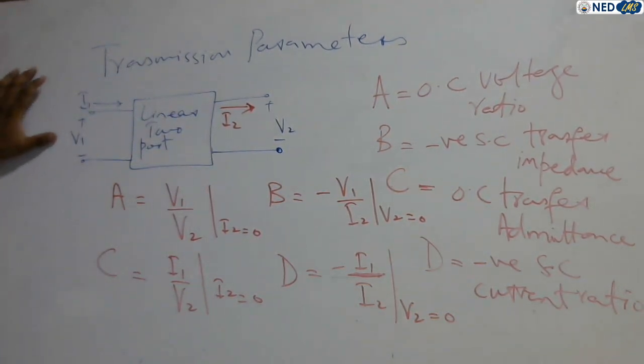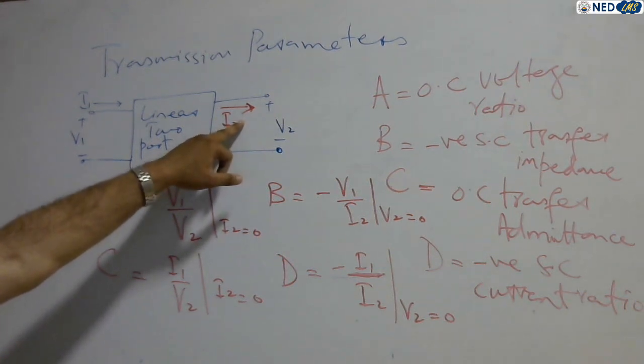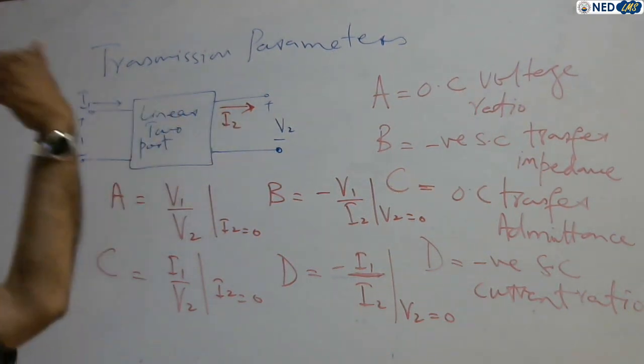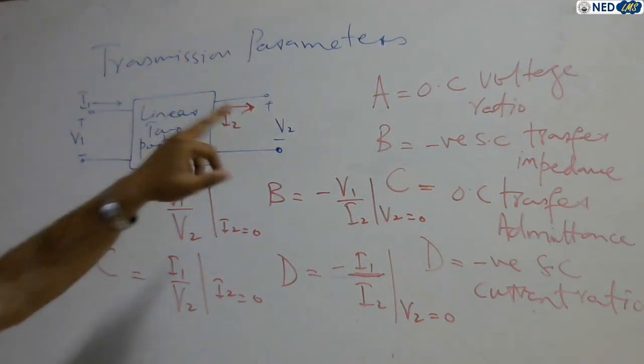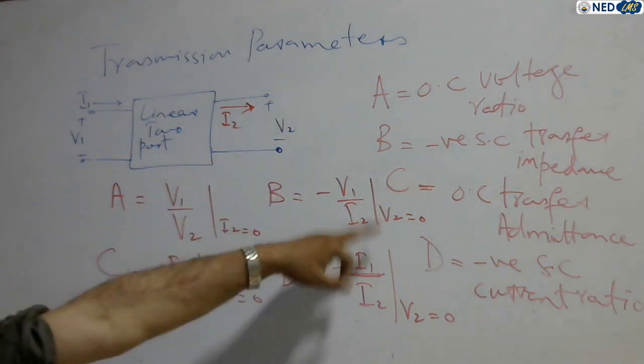So they express sending end variables V1 and I1 in terms of receiving end variables V2 and minus I2, because in the original two-port network the I2 direction was reverse. It was entering the port while this one is leaving the port, so that is minus. For this reason they are called transmission parameters, and they are also known as A, B, C, D parameters.